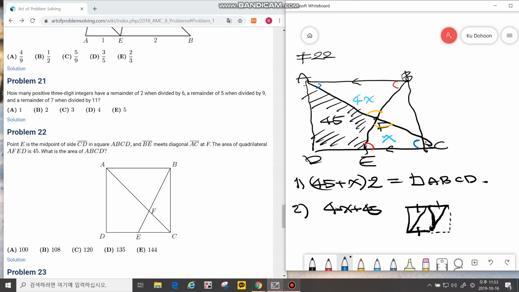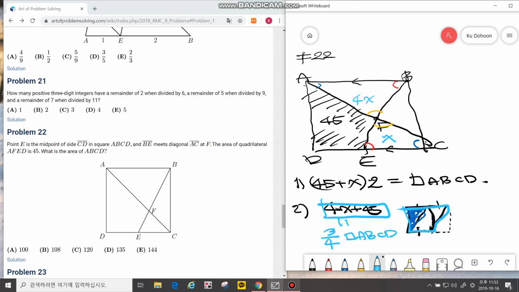If you have this right triangle that is marked in blue, if you have four of them, then you will fill up the whole square. So 4x plus 45 is this part, here, here, here, right? So then 4x plus 45 is 3 over 4 times ABCD, right?